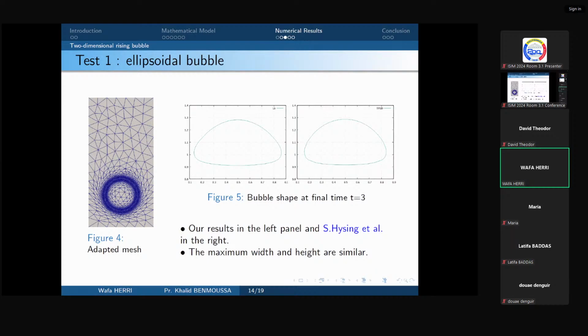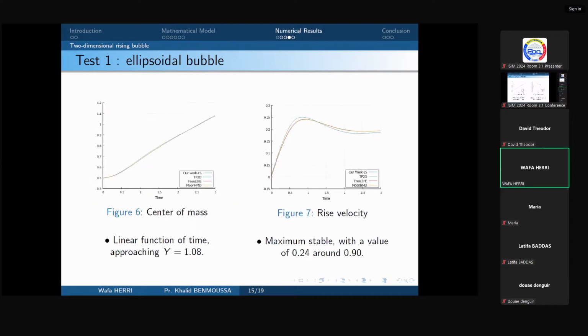Our first result is the shape of the bubble at the final time t equal 3. Our results are shown in the left panel, and those of Hysing et al. are shown in the right panel, and both display the same shape. We also observe that the maximum width and height are similar.